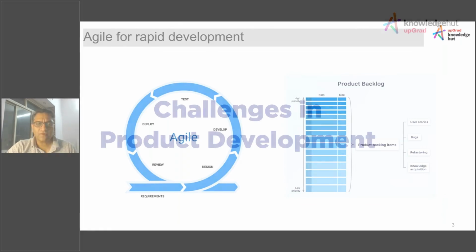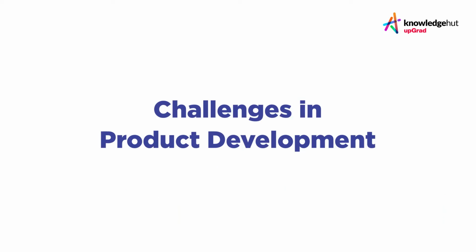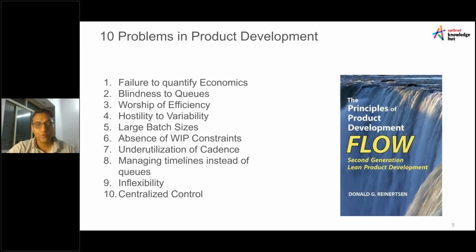So let's see what some of the challenges are in today's product development space. I would like to refer to a book written by one of the gurus of the product development space, Donald Reinertsen. A wonderful book called The Principles of Product Development Flow. It is more than two or three decades old, but I think whatever principles he has written are relevant even to today's world.